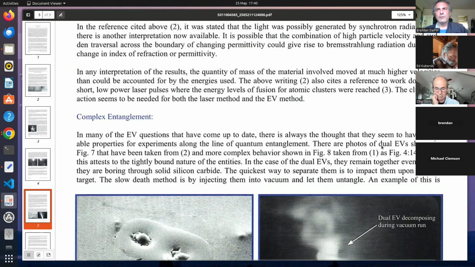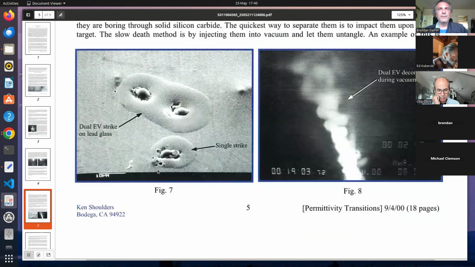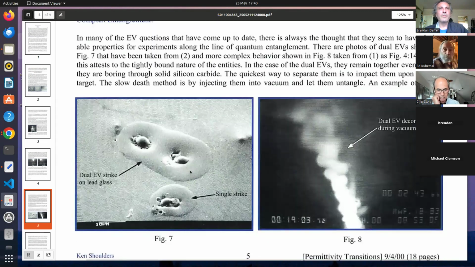There are photos of dual EVs shown in figure 7 that have been taken from two, and more complex behavior shown in figure 8 there, taken from one, so that's reference one, as in figure 4.14. All of this attests to the tightly bound nature of the entities.